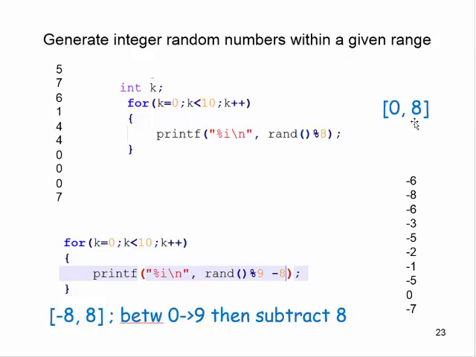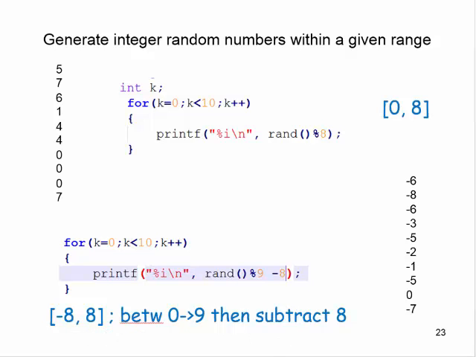Good so far. What if I want to have random numbers between -8 and +8? Here is how I would modify that. I call the rand function with a %9, and then I subtract 8 from it. Nothing wrong with putting a calculation here in my printf statement, and that's exactly what I do. And if I do a statement like that, I will print random numbers between -8 and 8.